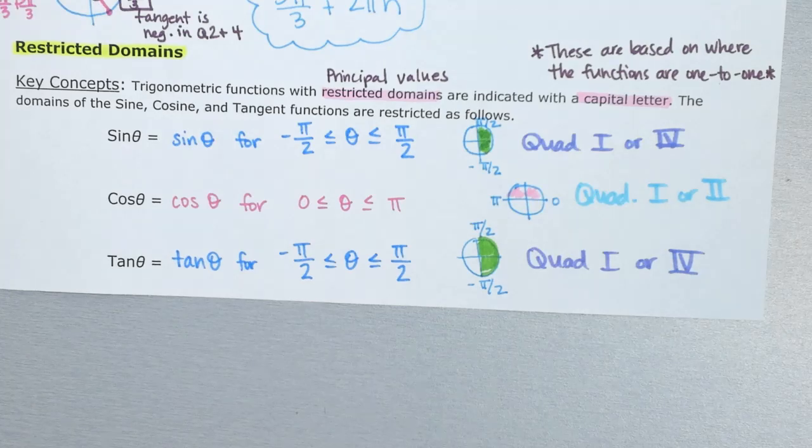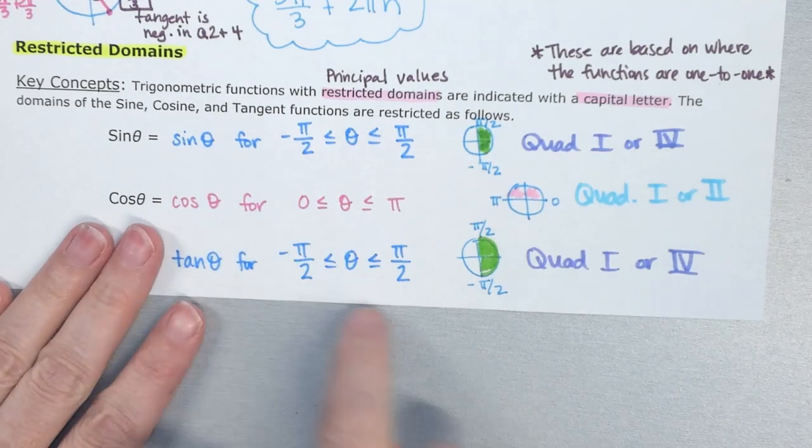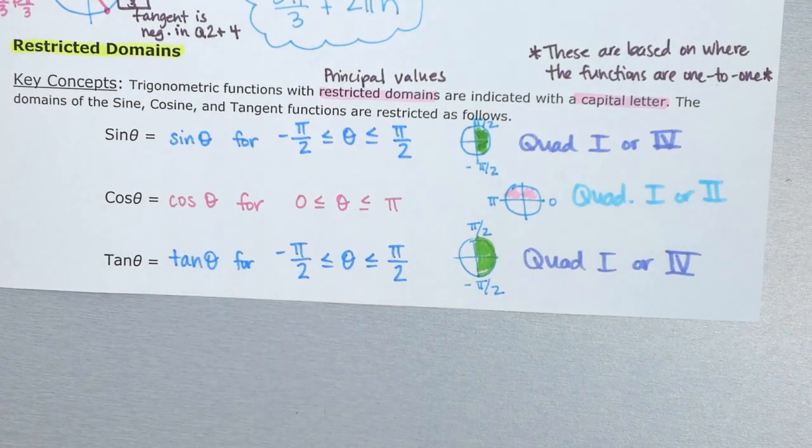Okay, so it's not random that these are the restrictions. Remember, if a function is 1 to 1, that just means for every input, there's exactly one output. So we want there to only be one output here, and that's why we restrict those domain values.